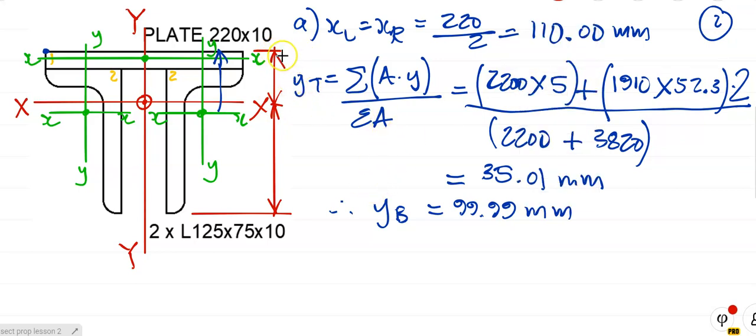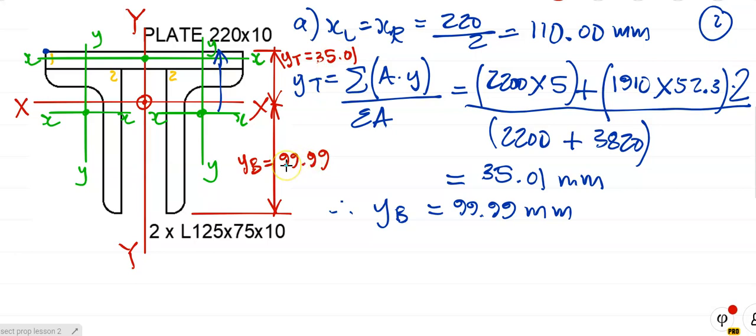Right, so y top is equal to 35.01, and y bottom is equal to 99.99. If you made it 100, it's okay. I'll accept that.